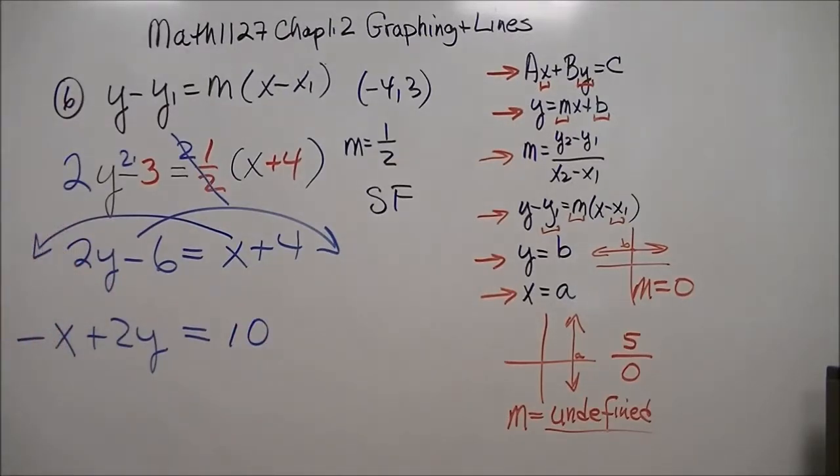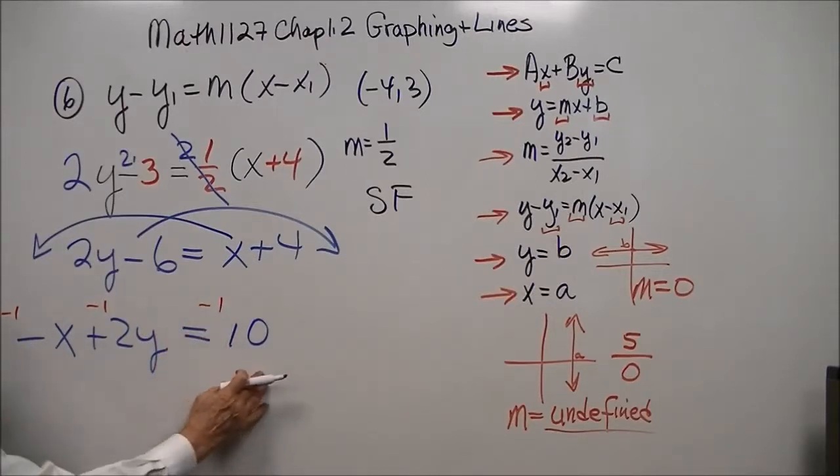Now for all practical purposes this is in standard form, but sometimes MathLab won't accept having the first term in standard form being a negative. So how do we get rid of that negative? Well, we just multiply every term by a -1.